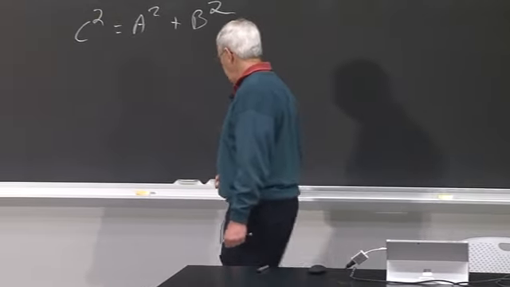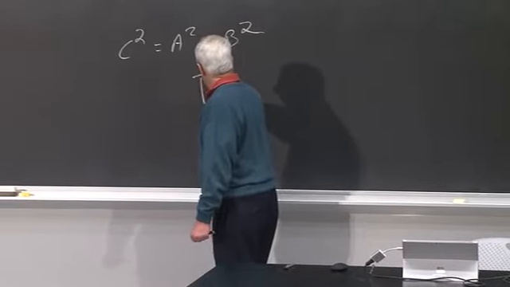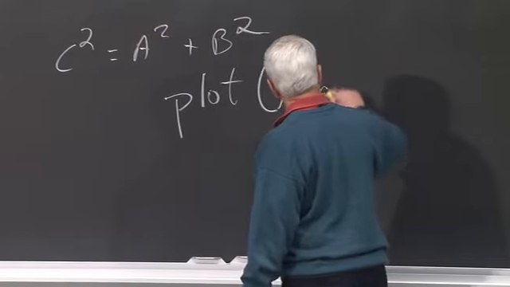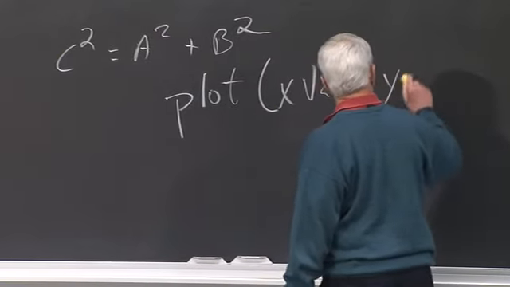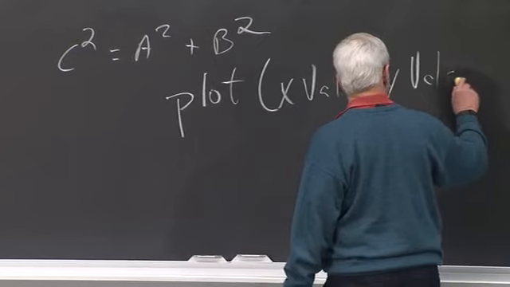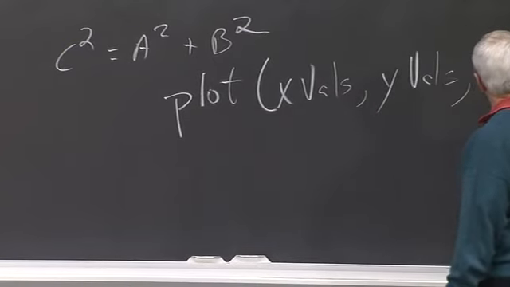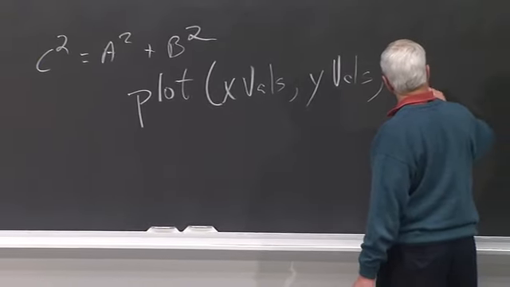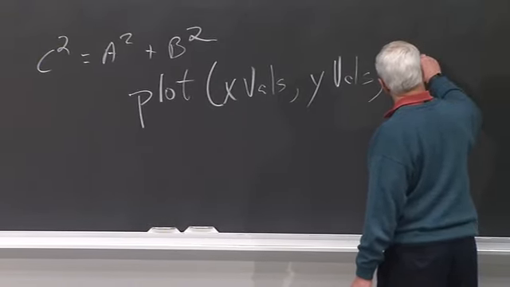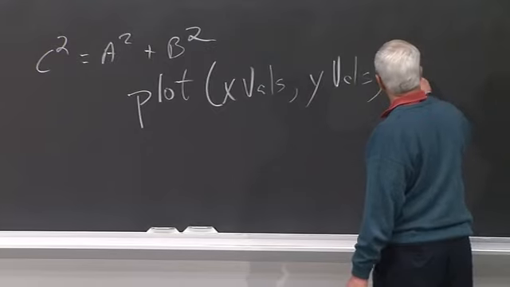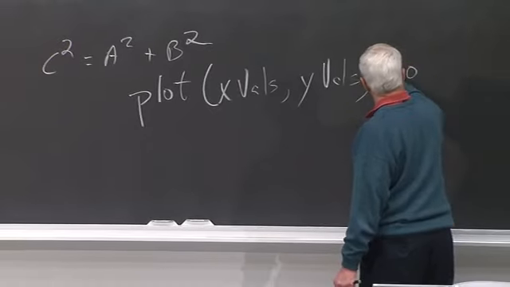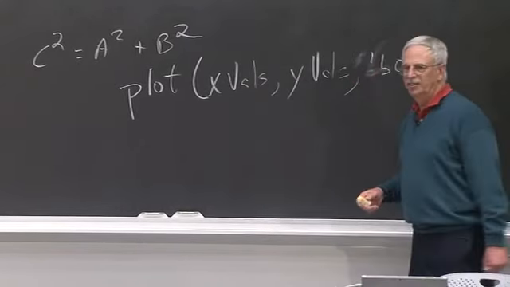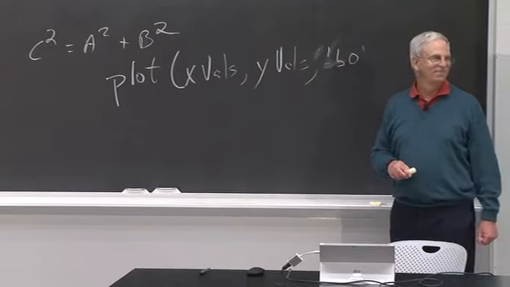So for example, I can write something like plot x vals, y vals, and then if I do something like, let's see, dash B0, or just B0 in fact, what that says is plot blue circles.